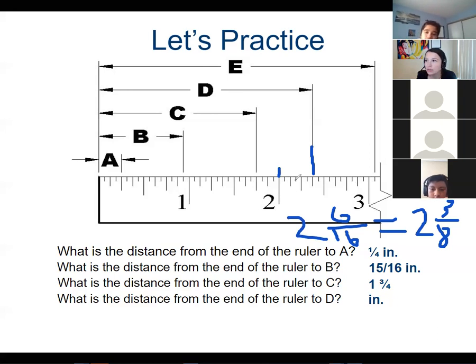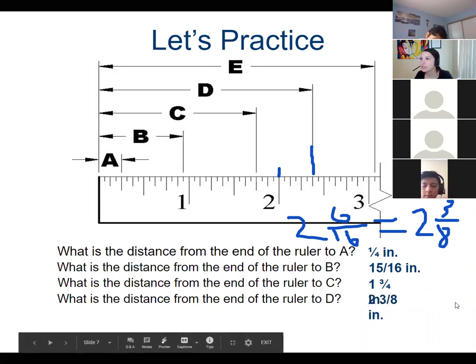Instead of counting 1, 2, 3, 4, 5, 6, the simplest way is to count 1, 2, 3, 4, 5, 6, 7. This line would be the eighths line, so 1/8, 2/8, 3/8, 4/8. This is the fourths length, so 1/4, 2/4, 3/4. They all mean something, but that's a little bit more advanced. If you can handle it, do it, because it does save you time on simplifying. So that does say 2 and 3/8, although it's kind of hard to see.